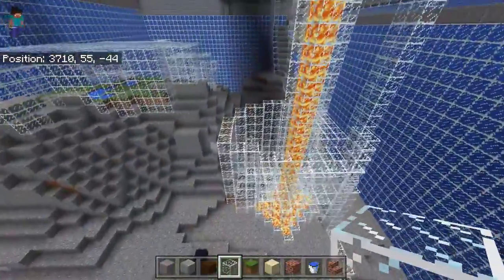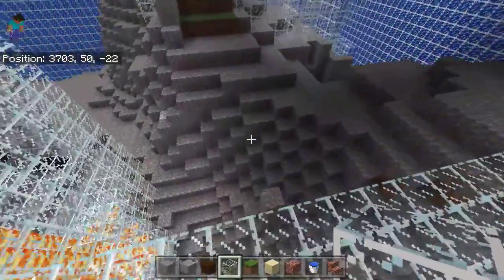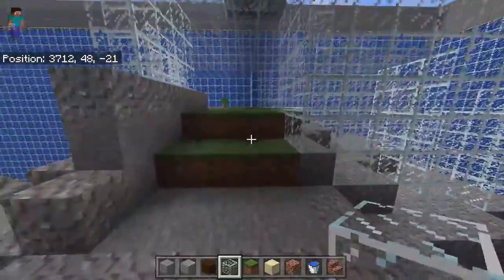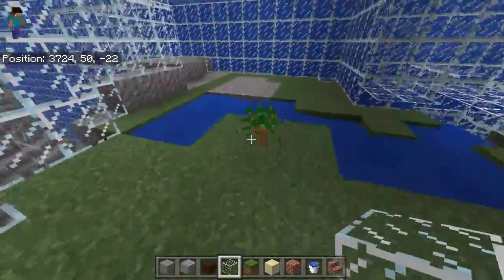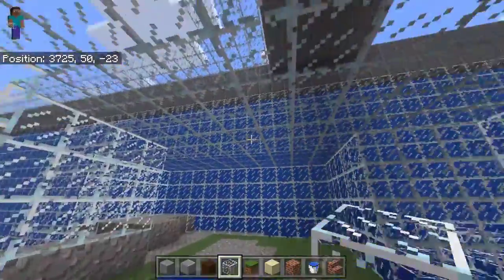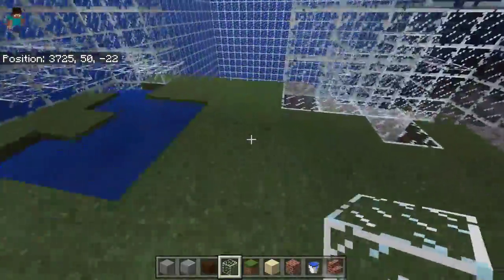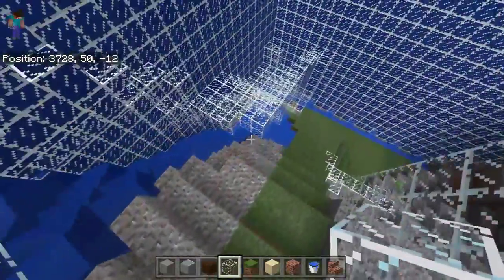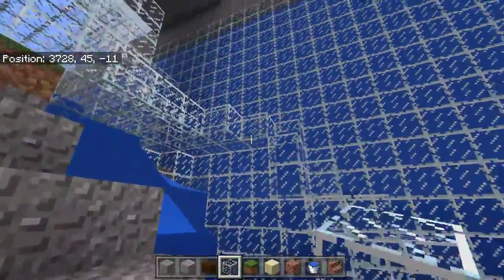And then there's one more area to show you, which I'll connect to this glass bridge. We go in here, and we have what will be an underwater arboretum, just one tree at the moment, which hasn't really grown yet, with a little water feature, and this will all be water above and beyond. And then on the side, we will have an underwater waterfall.